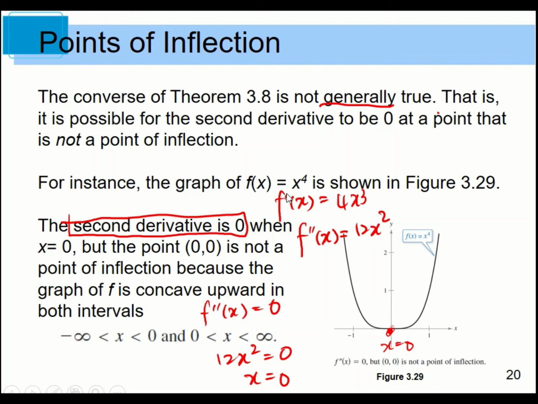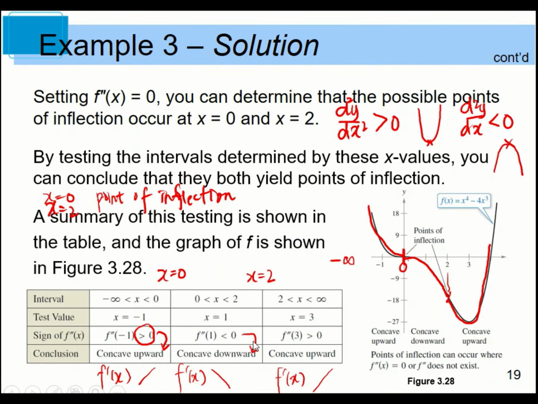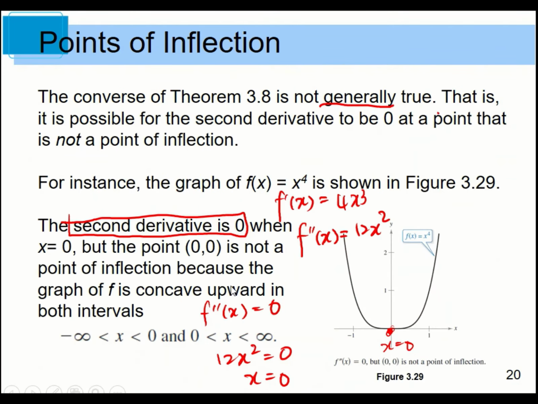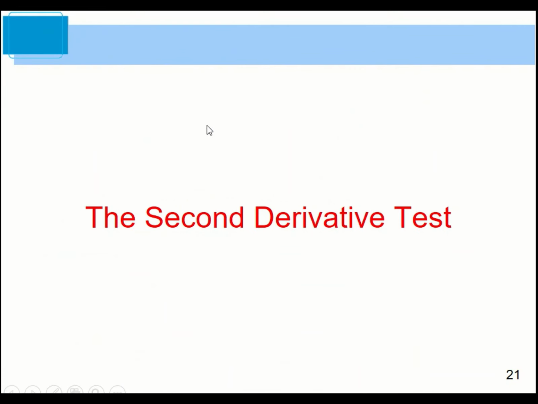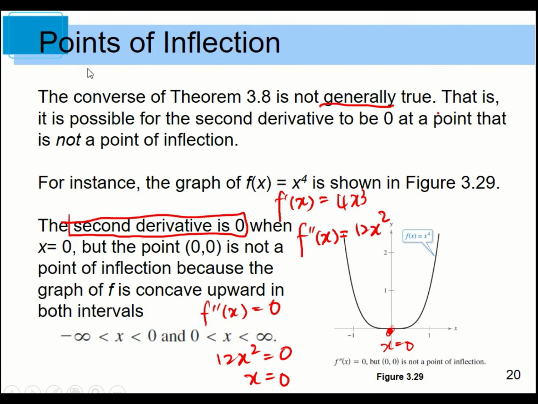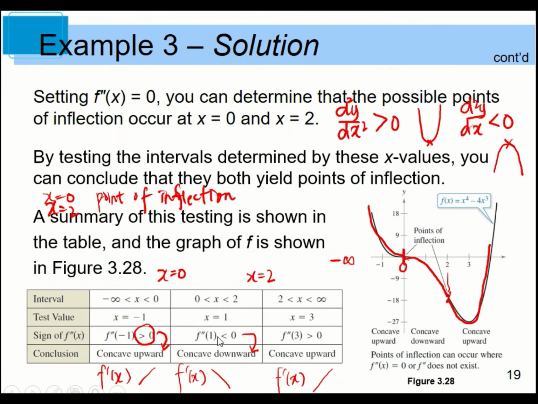So it is always better to use a table to confirm whether the concavity changes at a certain point. This is how we determine the point of inflection, and by using the second derivative test, we can find the concavity of the graph.